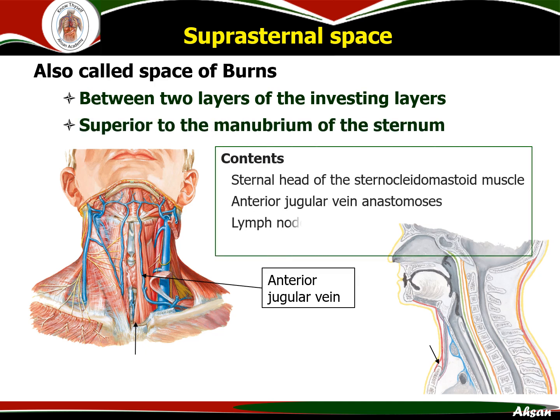This area is small in size but contains the lower parts of the heads of the sternocleidomastoid muscles, and a small vein sometimes connects the anterior jugular veins in the inferior part. Small lymph nodes are there, and the interclavicular ligament lies within this space.